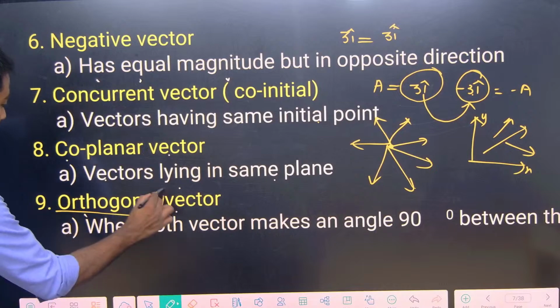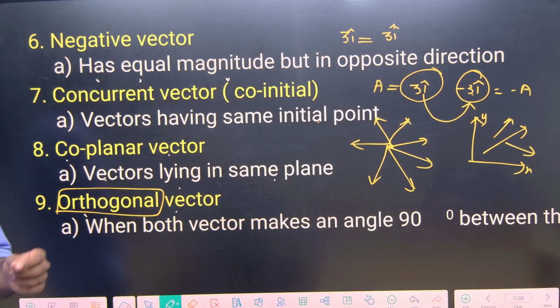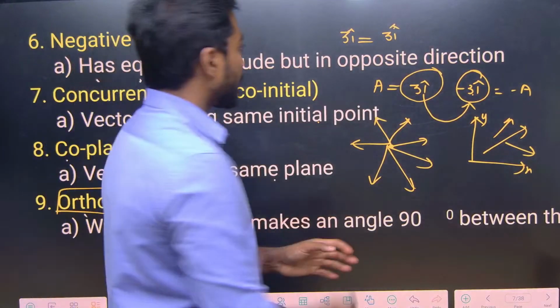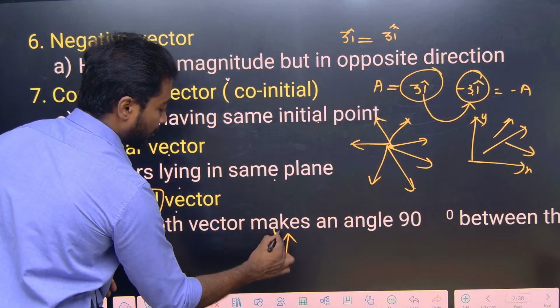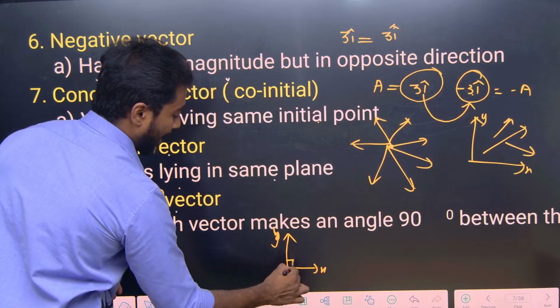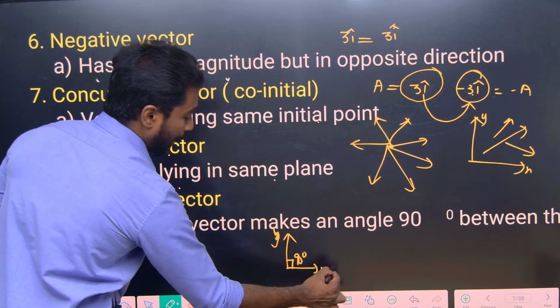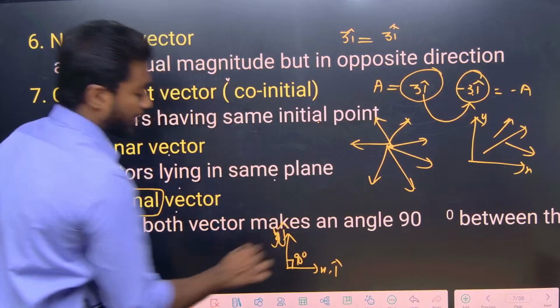Orthogonal vectors are those where the angle between them is 90 degrees. If this is my x and this is my y, the angle between them is 90 degrees.